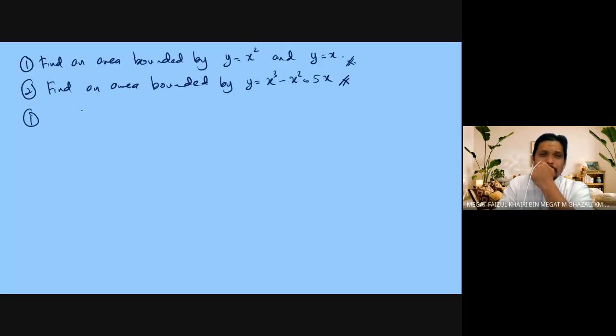Question one. y equals x squared and y equals x. So the graph is something like this.